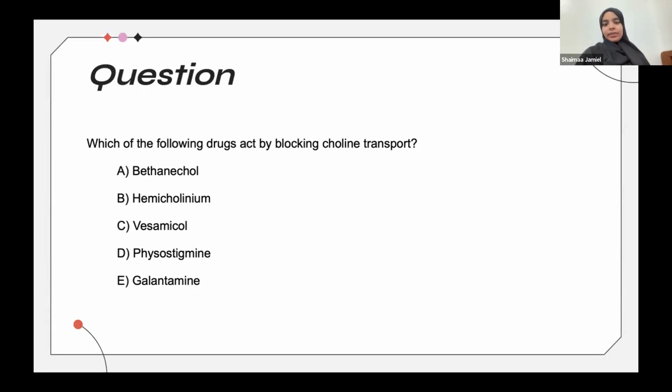Okay. Anyone has any other answer? Or the same answer? Okay. So yeah, it is B, hemicholinium. And we're going to see right now.